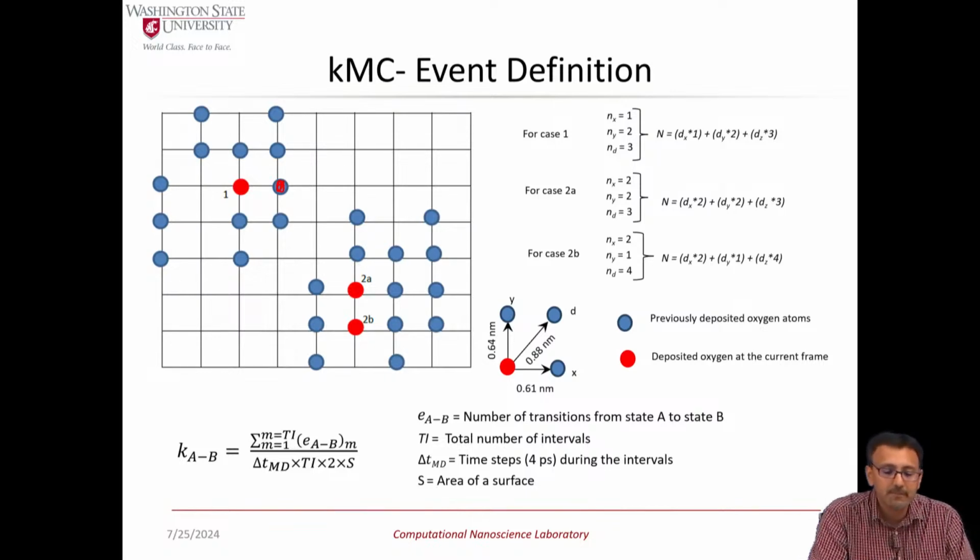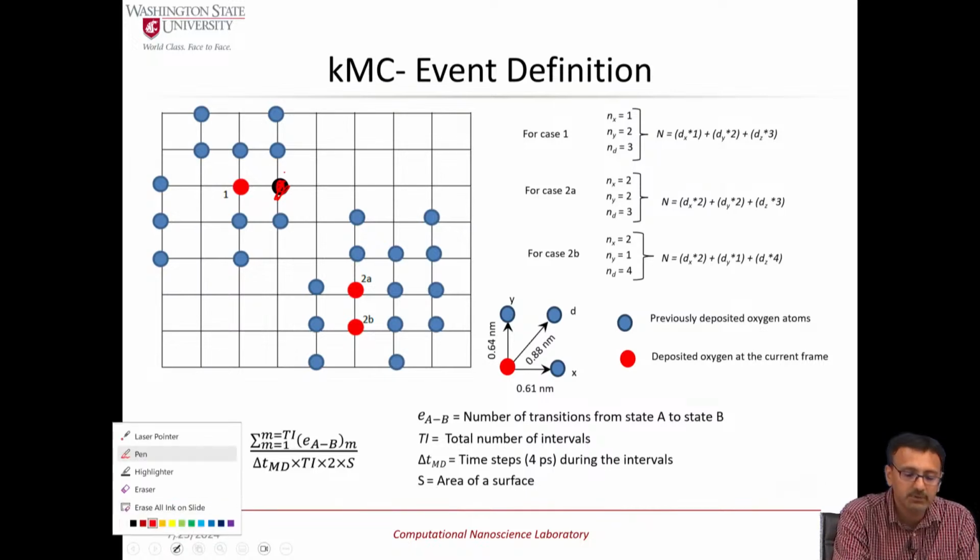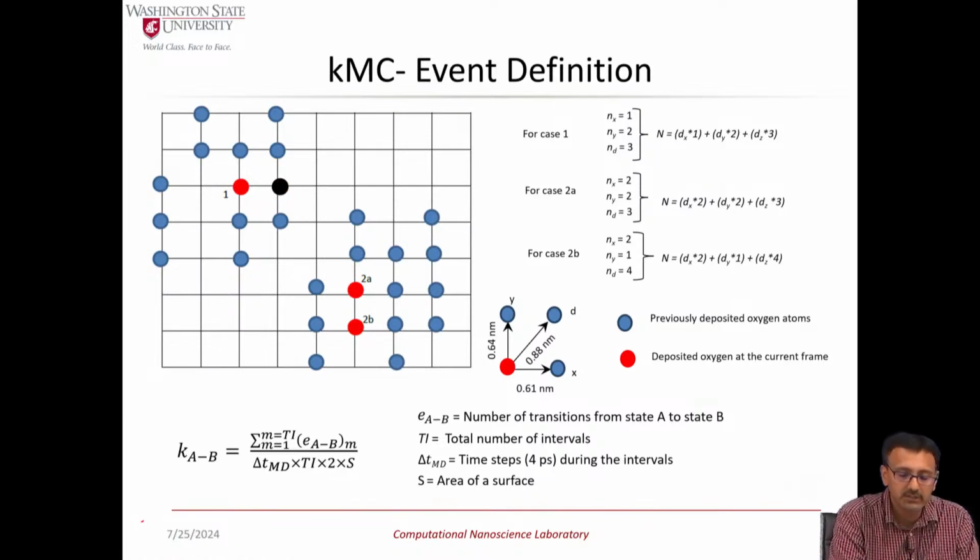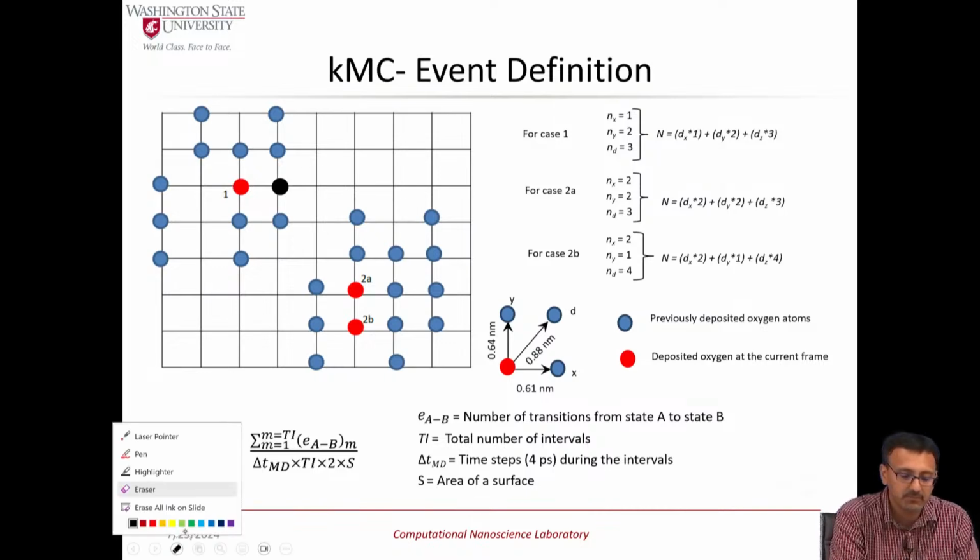For example, this location 1, it has some neighbors, as you can see, if these blue spheres are already deposited fullerene atoms or PCBM molecules rather.